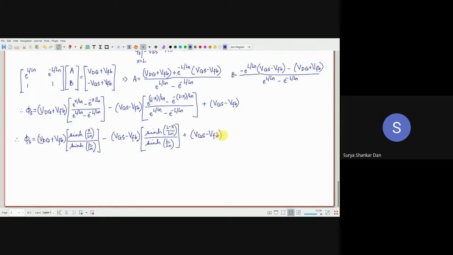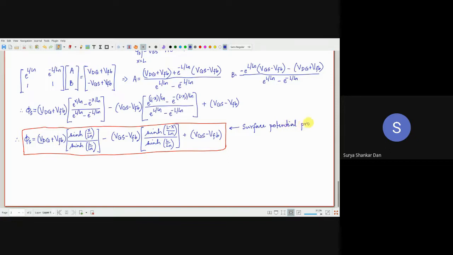So this happens to be the expression for now. If you notice, all the rest of the terms are known to us. What is this? This is the surface potential profile model.